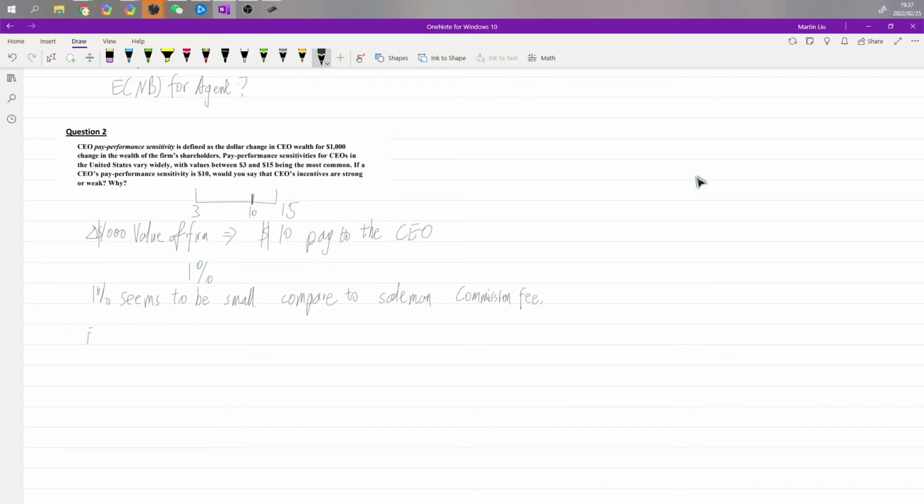But the amount of change to the firm is different, or the type of change to the firm is different, like the services the CEO is actually providing.